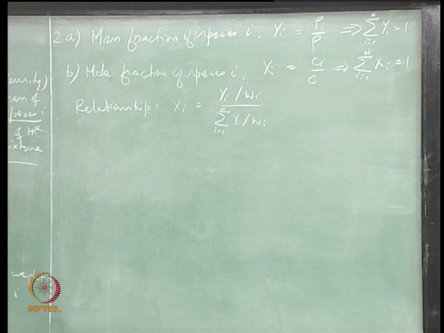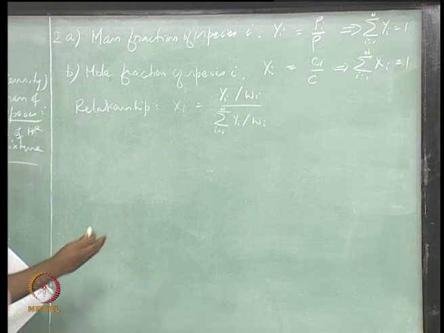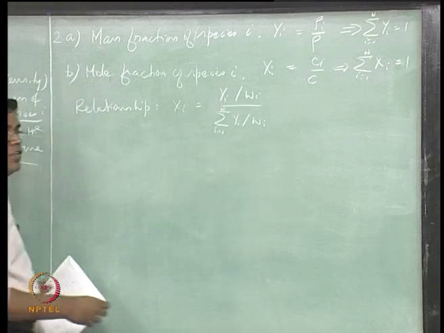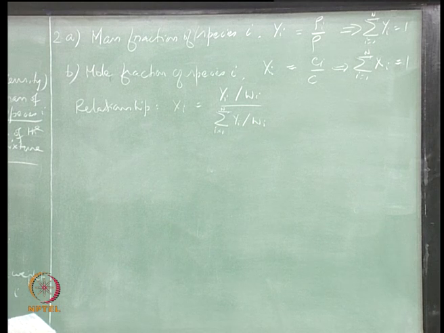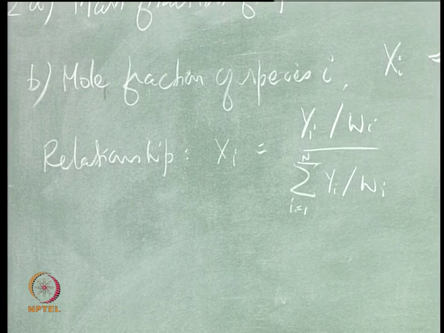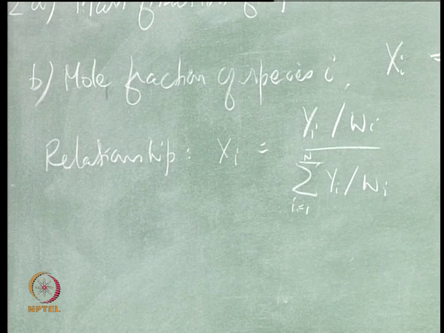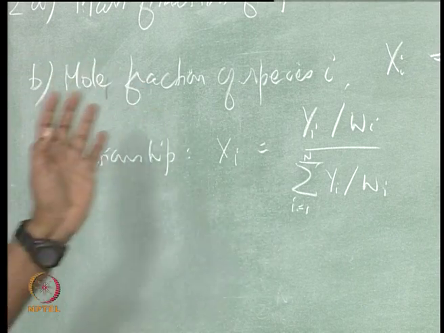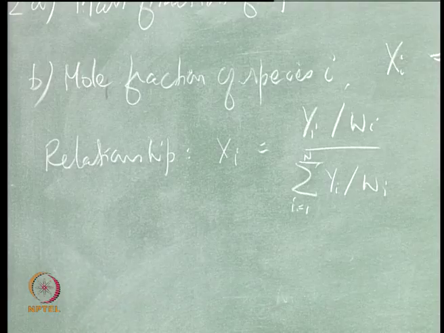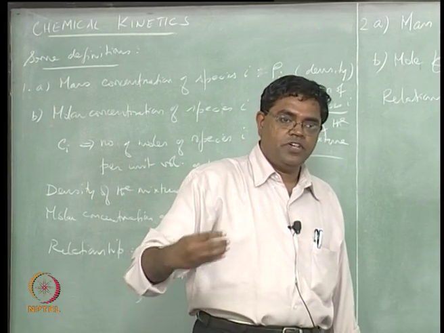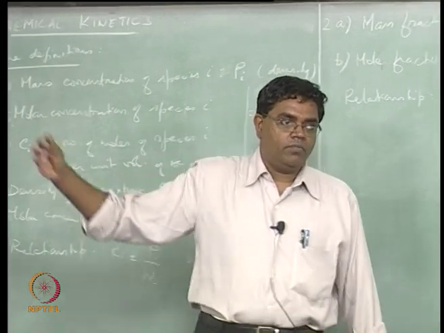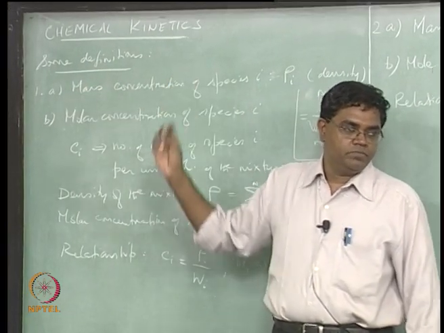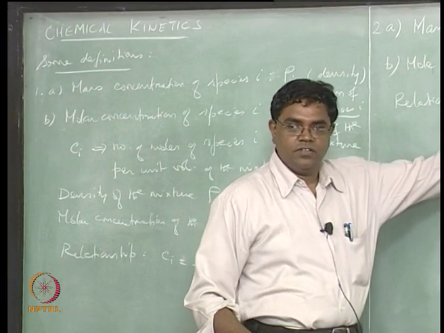All right. So this is the relationship between X and Y, and this is also pretty important, as we will see later on. There are these mass transfer equations and chemical kinetic equations that are based on molar concentrations and mole fractions, whereas when we try to do mass conservation, we are more interested in mass concentration, namely density, and mass fractions. All right.